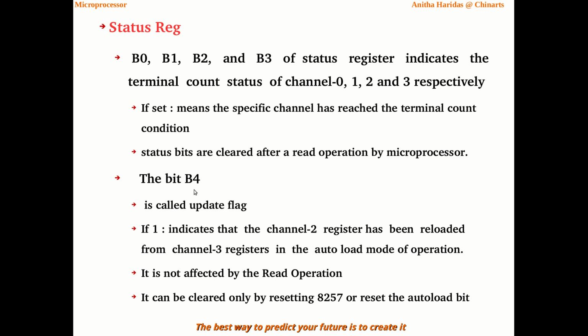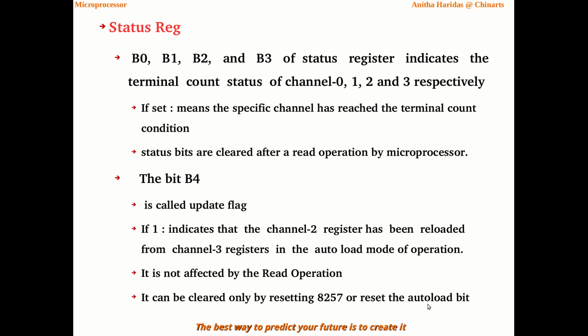Then we have bit 4, which is called the update flag. If it is 1, it indicates the channel 2 register has been reloaded from the channel 3 register in the auto load mode of operation. It is not affected by the read operation, and it can be cleared only by resetting the 8257 or resetting the auto load bit.